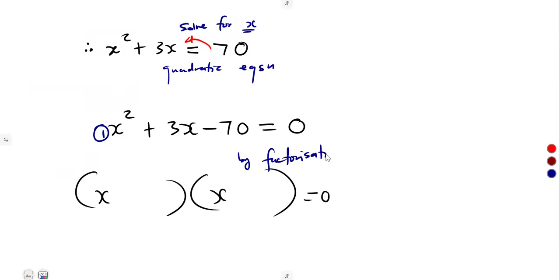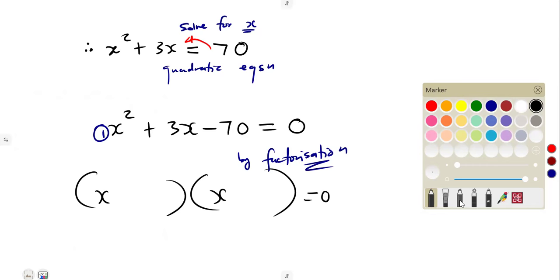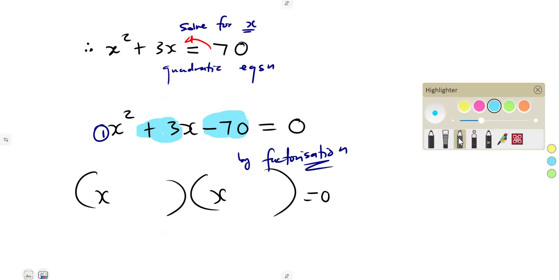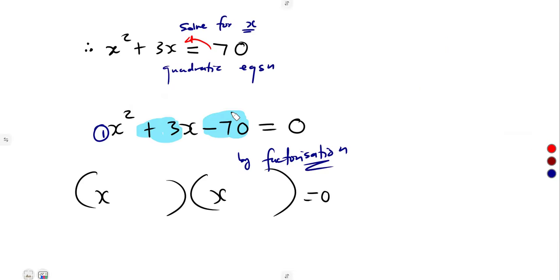We're going to solve by factorization. So that is considering the factors of the constant negative 70, which will add up to positive 3. Factors, products of what? Of this, negative 70.